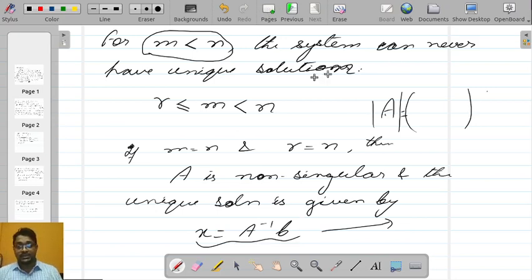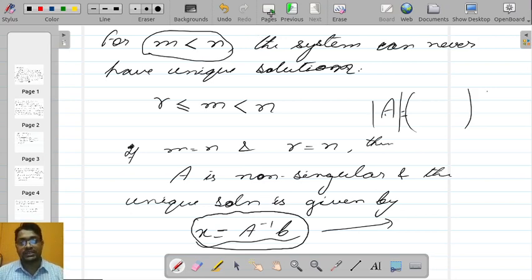Okay, but for m less than n, the coefficient matrix cannot be non-singular, because it's actually a rectangular matrix. So we cannot talk about a non-singular coefficient matrix, but can we find a submatrix of A for which the solution is given by this type of expression, A inverse B? That is basically the starting point of the basic solution.